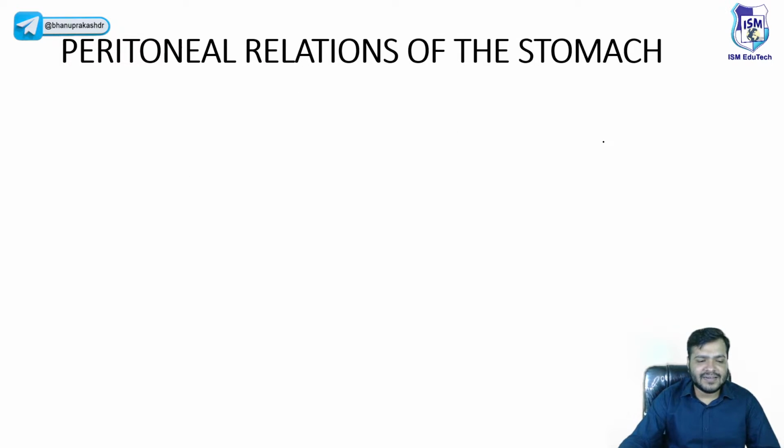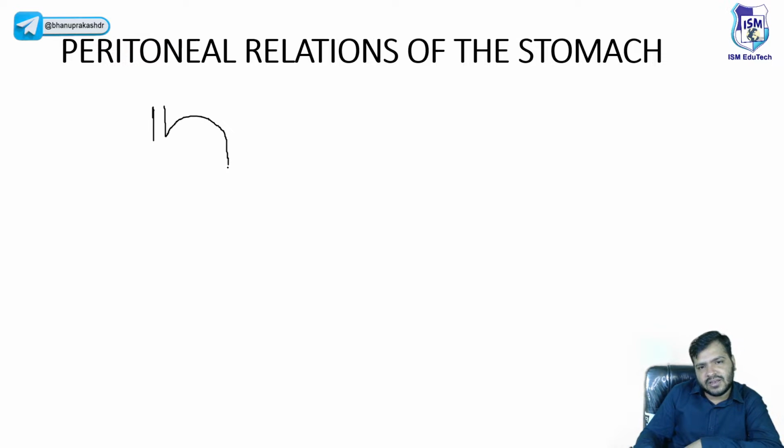Let us discuss the peritoneal relations, and you already know. This time, the peritoneal relations you guys will actually tell me. This is the lesser curvature and this is the greater curvature.